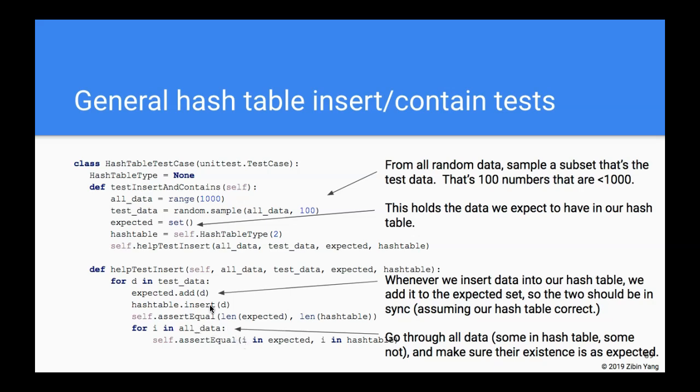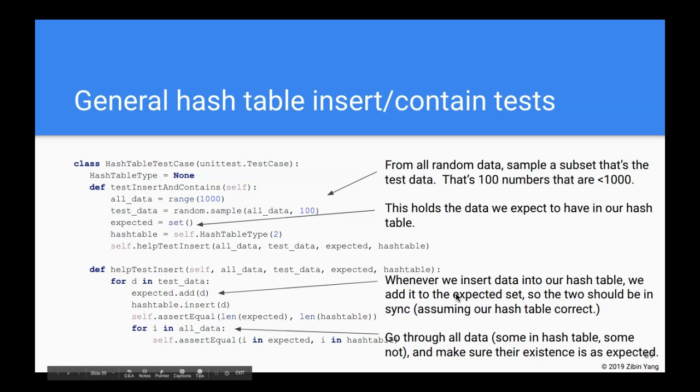And some of them are going to be in the test data and have been inserted, some are not. So I'm going to make sure that when the data is in the expected set, it's also in my hash table, and if it's not, then it's also not in the hash table.